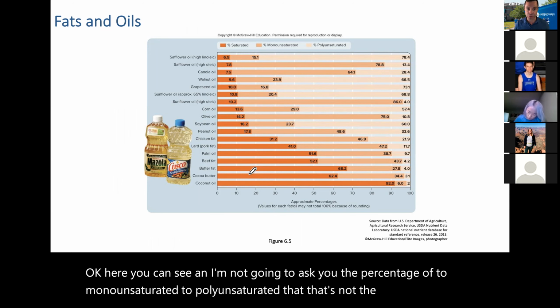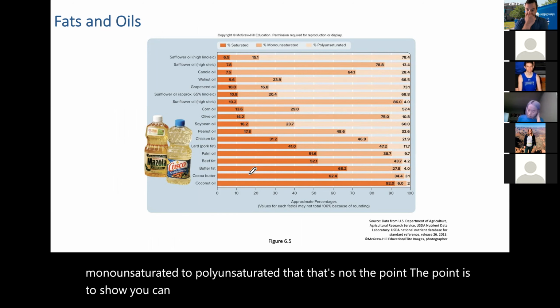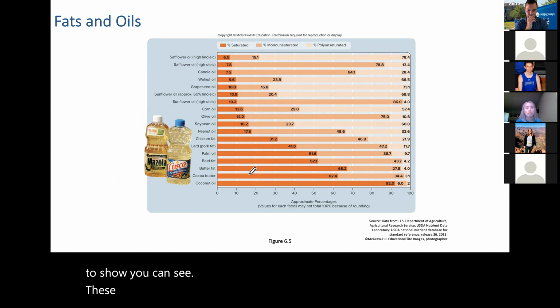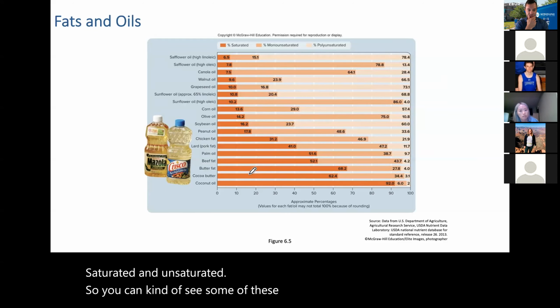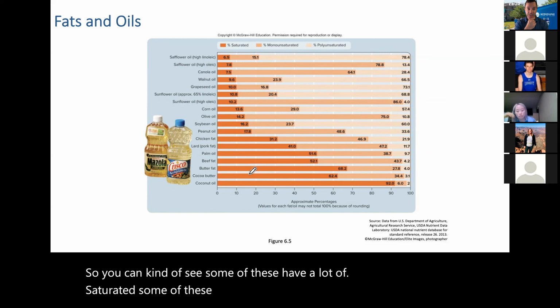The point is to show you these are usually a mixture of saturated and unsaturated. So you can see some of these have a lot of saturated. Some of these have a lot of unsaturated.